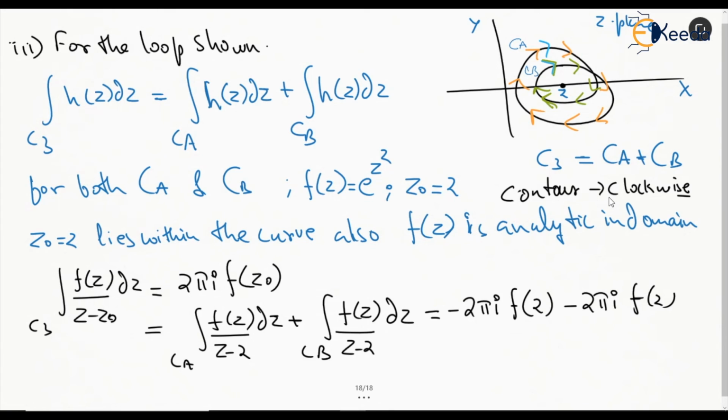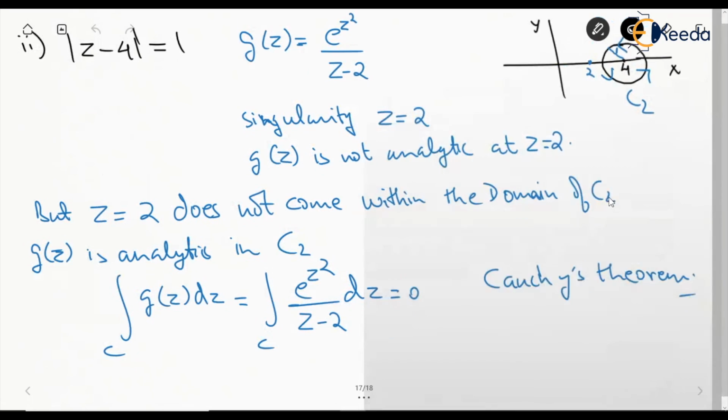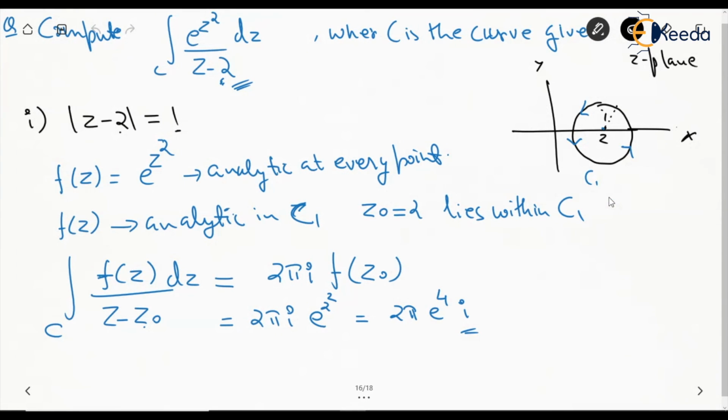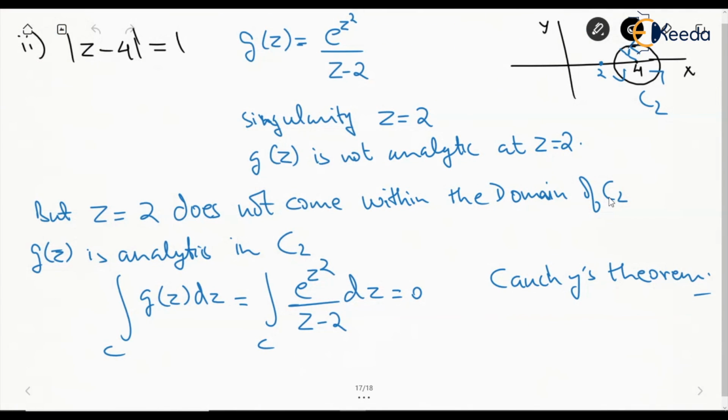We have already found this f of 2 in the first question, and this was 2 pi e to the power of 4. So we are going to just put this value again.